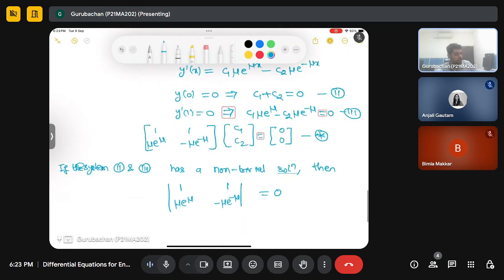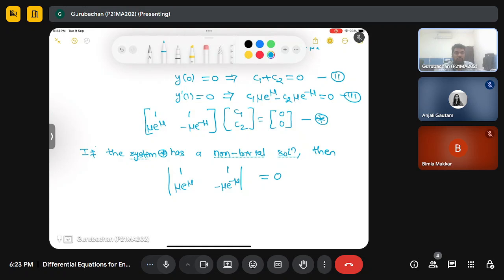So I am saying that if the system star has a non-trivial solution, then this Wronskian must be 0, or you can say the determinant of the matrix A must be 0. So what is its determinant?